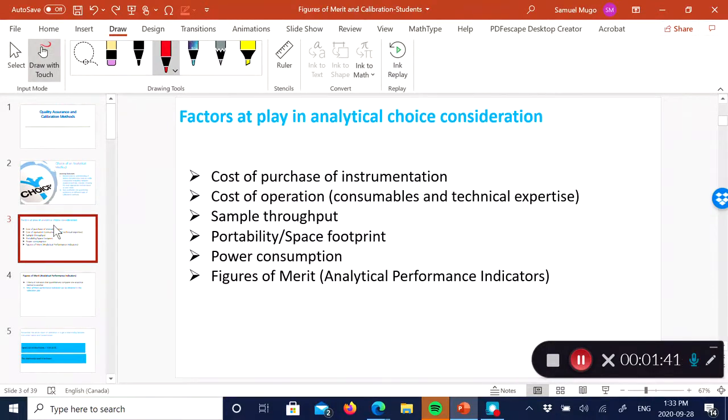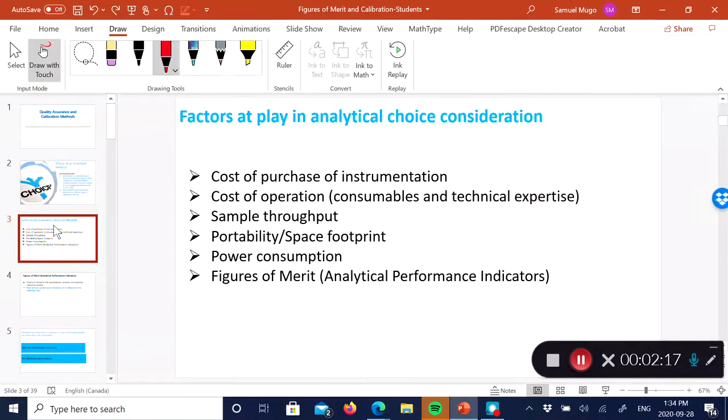Now, factors at play when you're considering what analytical method to use would be things like the cost of the purchase of an instrumentation. Different analytical instrumentations have got varied cost prices. For example, a graphite furnace AAS is probably around $30,000 more expensive than a flame atomic absorption spectrometer.